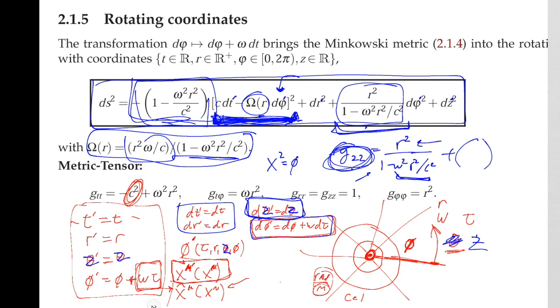But what is important, and maybe this is why they did it, they're concealing a mixed term, because this is going to have a term that looks like 2c minus 2c omega r dt prime d phi prime. So there's actually an off-diagonal element term in the metric.